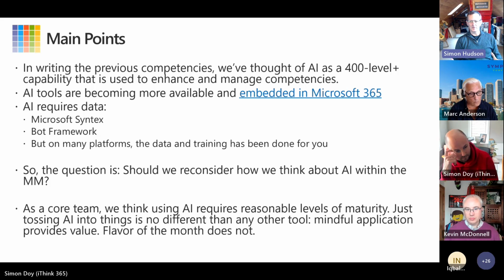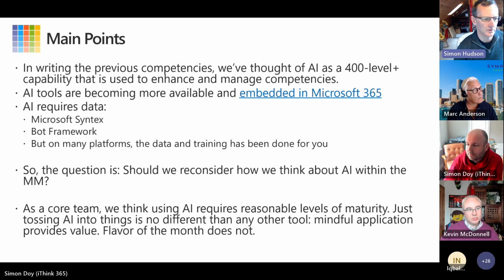Some of them are relatively invisible AI. So a lot of your threat detection, threat prevention technologies built into Azure and Microsoft 365 are AI driven and invisible. You don't know they're there. They just get on and do the job behind the scenes. Then there are some which you have to set up, like Syntex, where you've got to do a bunch of work, train it up on your content, give it some knowledge to work on, and away it goes.